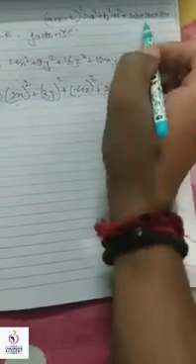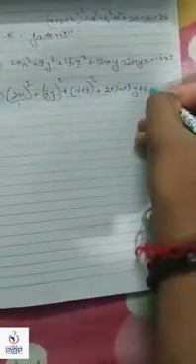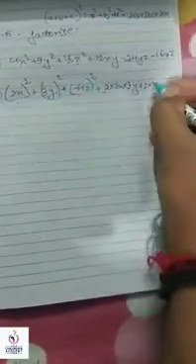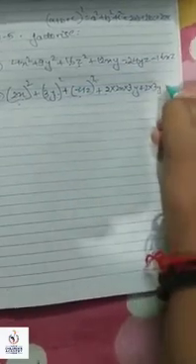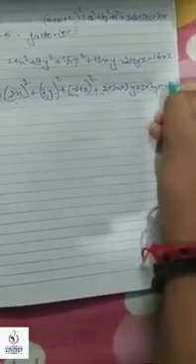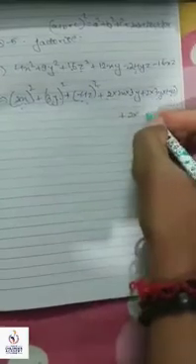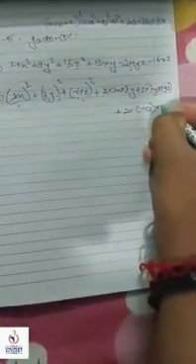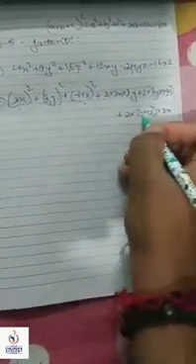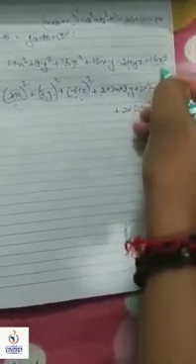Now it's 2bc, so plus 2 into b, 3y, and c, minus 4z. Check, 3 twos are 6, 6 fours are 24, minus, because this is minus. Now the third one is plus 2ca, so plus 2 into c, minus 4z, and a, 2x. Now check, 4 twos are 8, 8 twos are 16, 16xz.